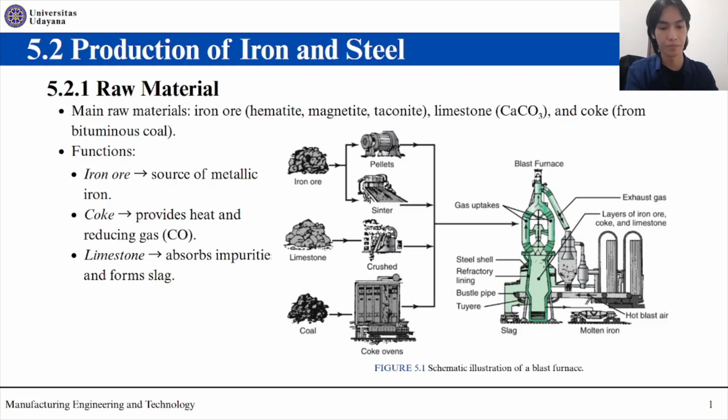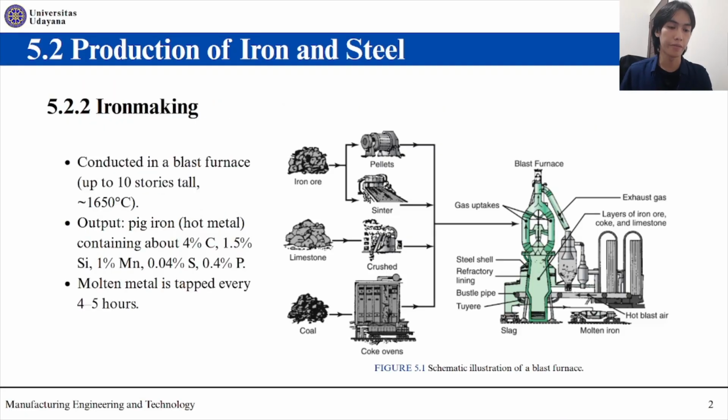Next. Okay, we have iron making. The iron making process takes place inside a blast furnace, which can reach up to 1650 degrees Celsius and is as tall as a 10-story building.